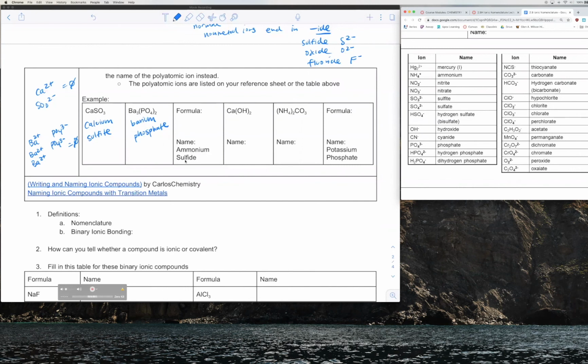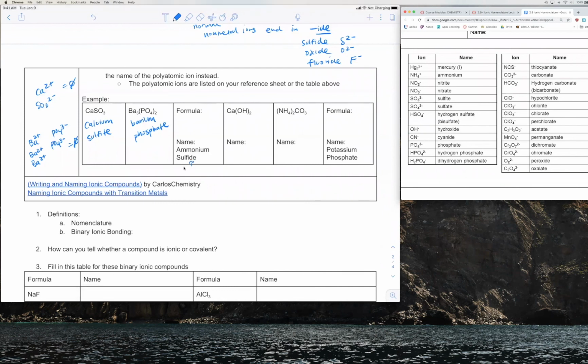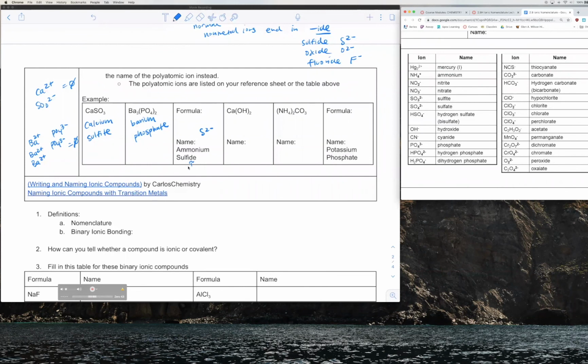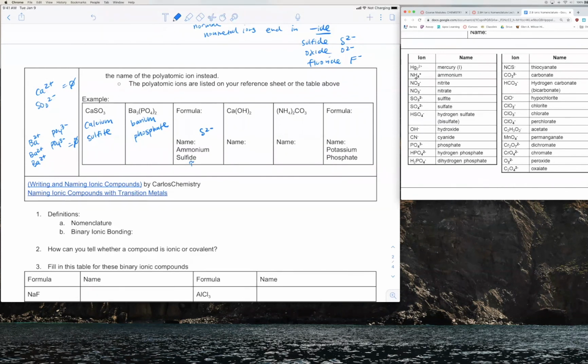Okay, and then the next one, ammonium sulfide. This IDE ending tells you that you just have normal sulfur, so this should just be S2-. It doesn't say sulfite or sulfate, it says sulfide. And ammonium is written right here, NH4+.